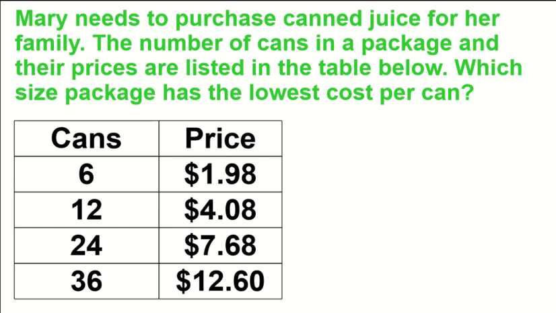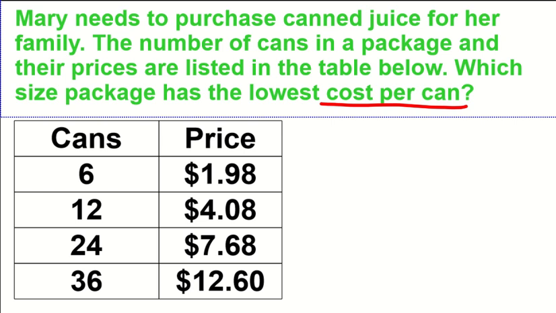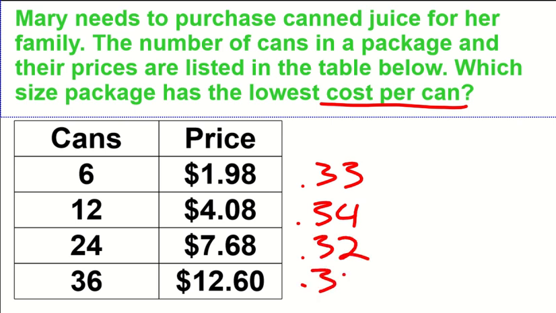All right, for each of these, it's cost per can. So you're doing the price divided by the number of cans. For the 6 cans, you get 33 cents. 12 cans, you get 34 cents. 24 cans, you get 32 cents.